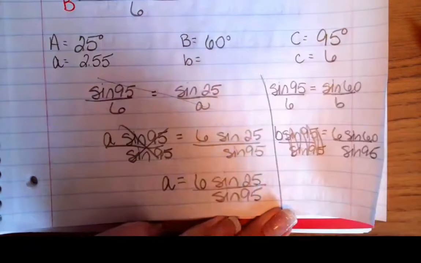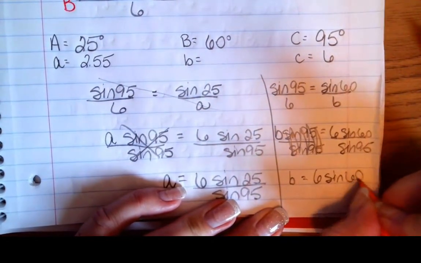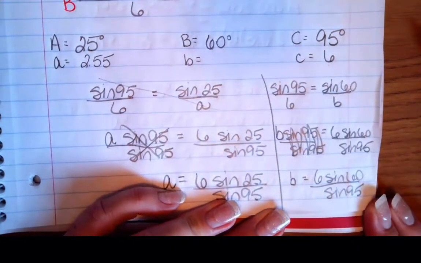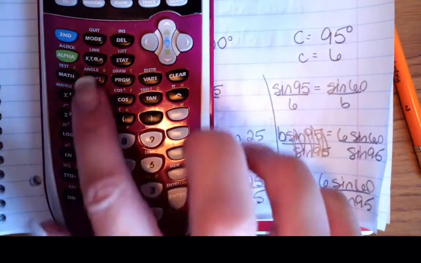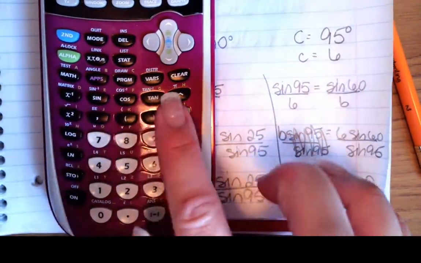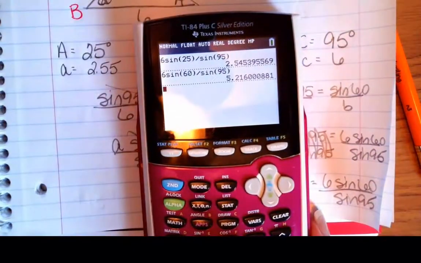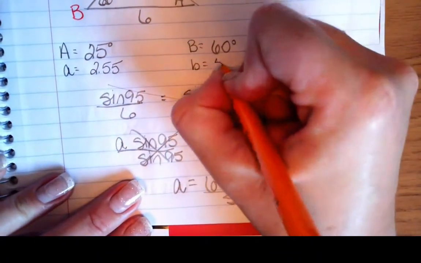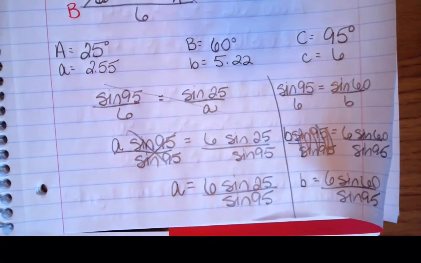So I end up with b equals 6 times the sine of 60 over the sine of 95. Putting that in my calculator, 6 times the sine of 60 divided by the sine of 95 gives you 5.22. So I have now found all three angle measures and all three side lengths. My triangle is now complete.